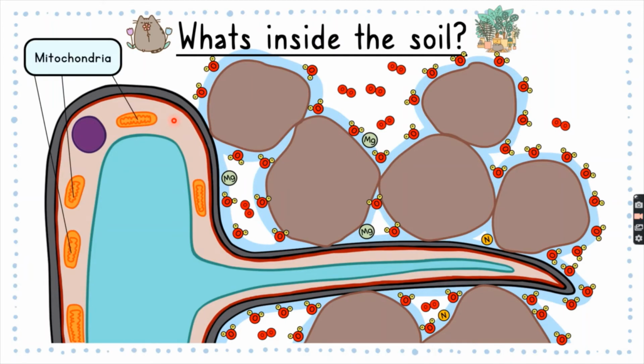So root hair cells also have tons of mitochondria. They're very important. We're going to talk about why they have a lot of them. But firstly, remember that all living cells have mitochondria. But in O levels, you don't draw these because you don't get into that much detail. However, you should know that they exist and are present.